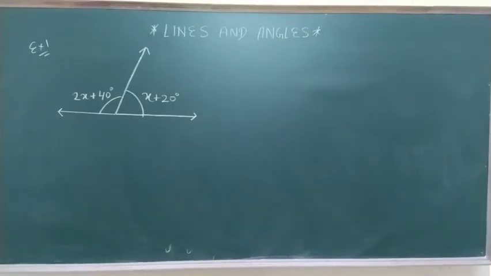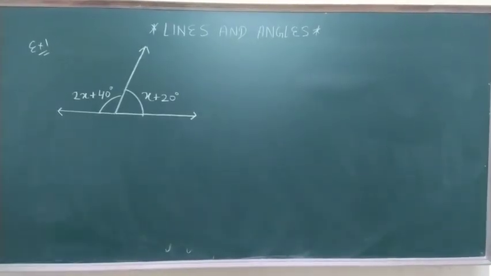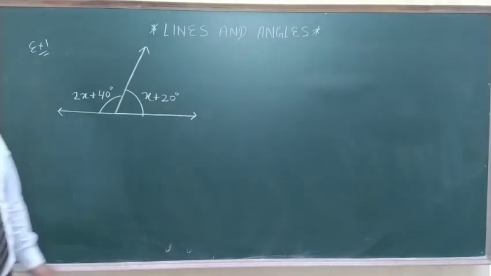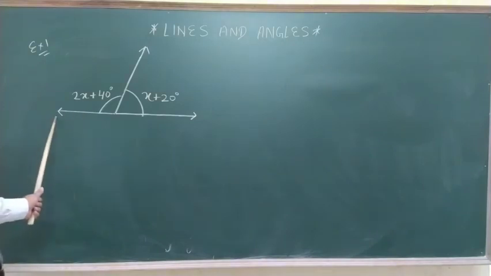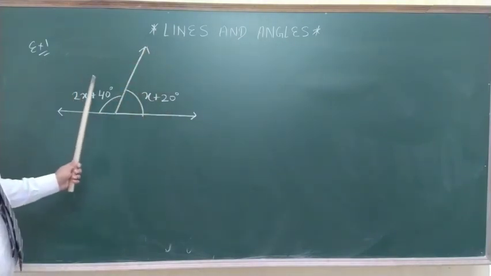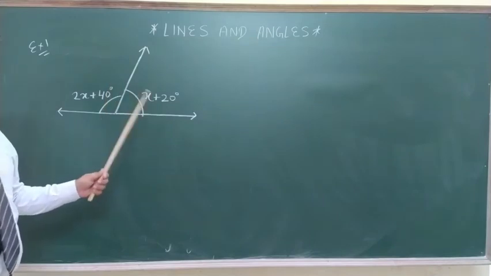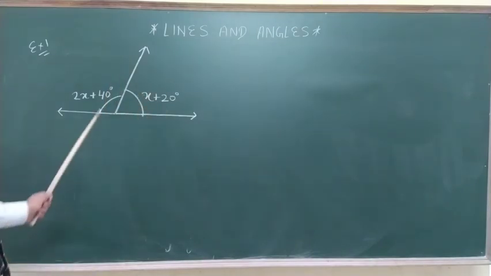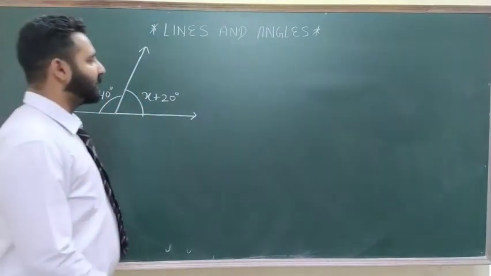Now let us see some examples based on linear pairs. Here I am taking example 1, where we have one straight line and one ray. So there are two angles, I told you about these types of things. These are a linear pair.